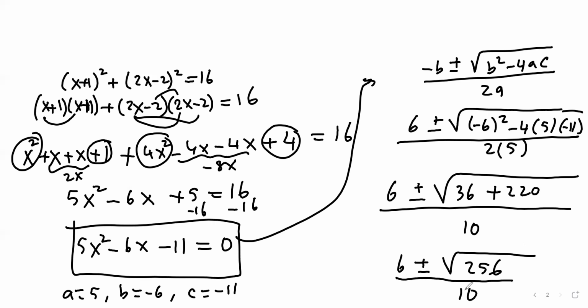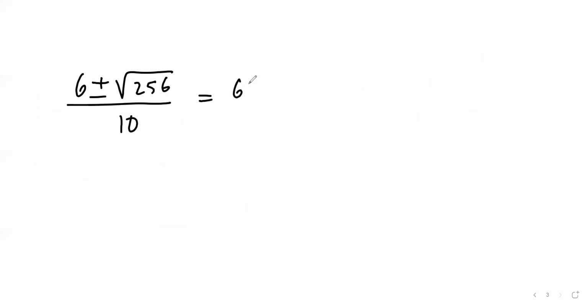Now we just have to simplify this. The square root of 256 is 16. So now we have 6 plus or minus 16 over 10.